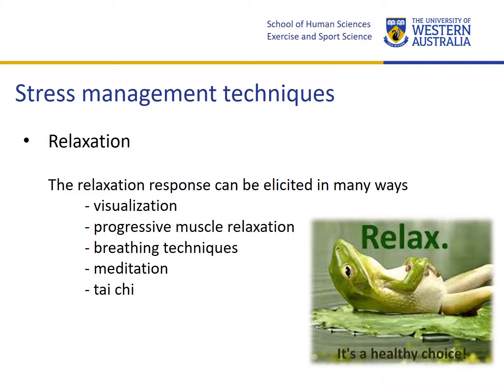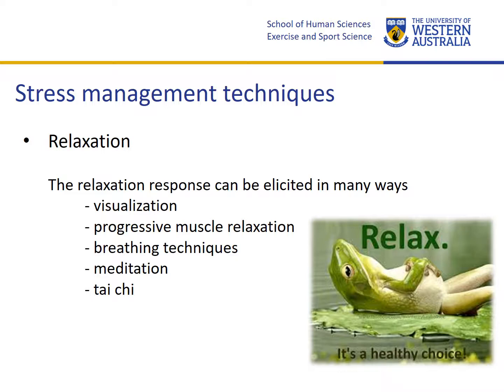So specifically, relaxation or the relaxation response, whereby you get that decrease in heart rate, decrease in breathing rate, and so on, can be achieved through techniques like visualization, progressive muscle relaxation, which is a technique whereby you sequentially tense and then relax different muscle groups in the body in order to highlight what relaxation should feel like as opposed to muscular tension.